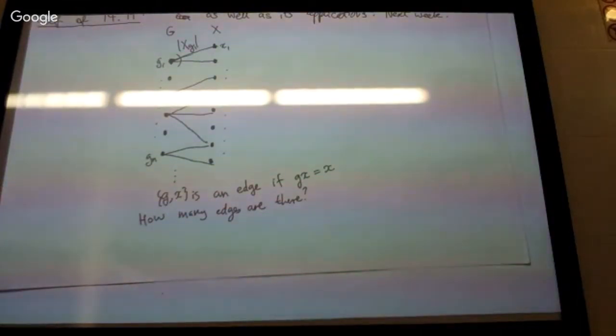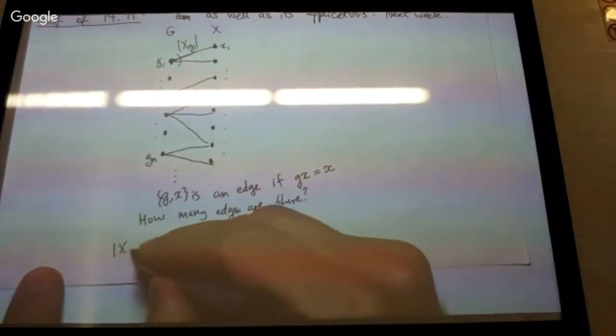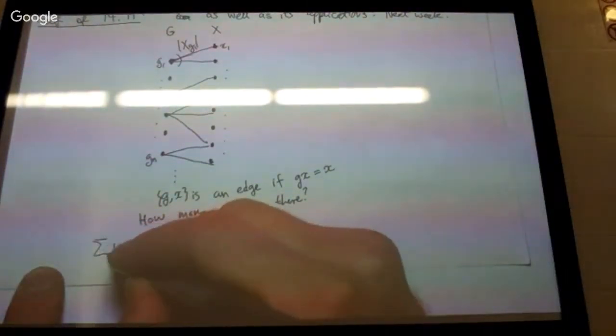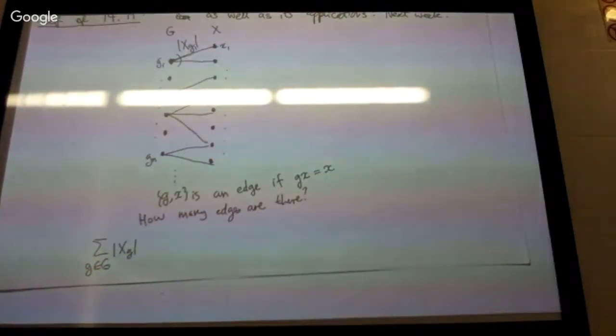So the total number of edges that I get is, well, I look at all the g's and add it all together. Do you agree? So now, that doesn't help much, does it?